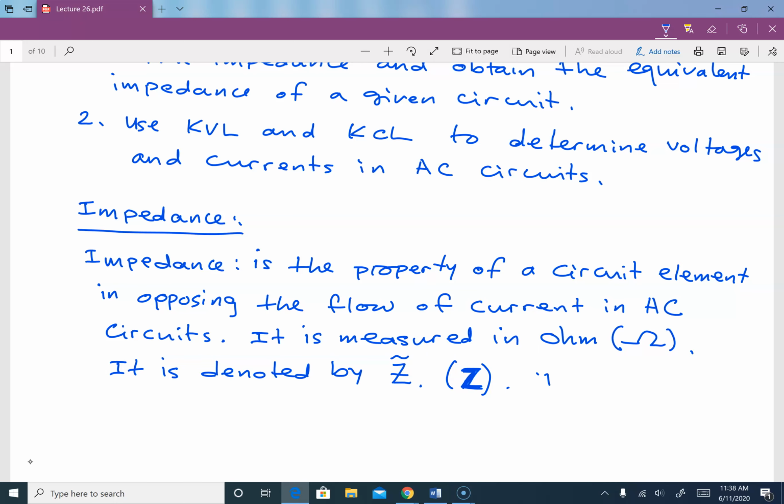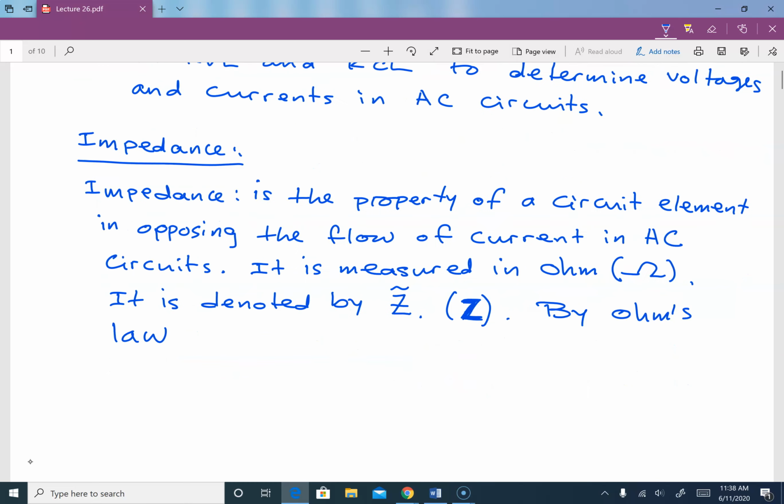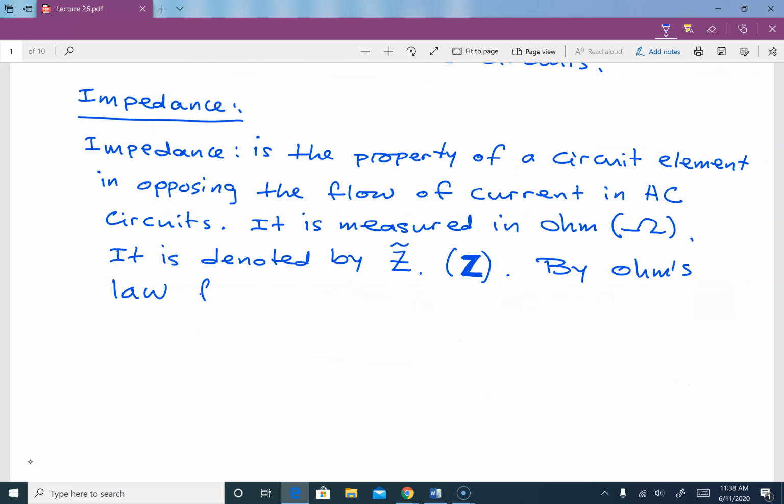So by Ohm's law, for AC circuits, we can say that the impedance, which is phasor Z, is equal to phasor V divided by phasor I.